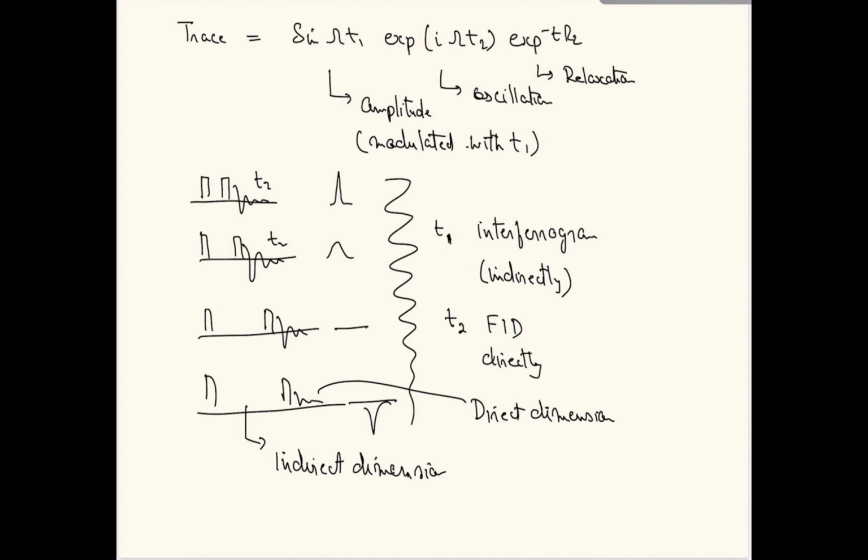The Hamiltonian during t1 is omega I, and during t2 is omega I. So the Hamiltonian has the same frequency component. That means the I spin operator is precessing at the same frequency during t1 as well as during t2.